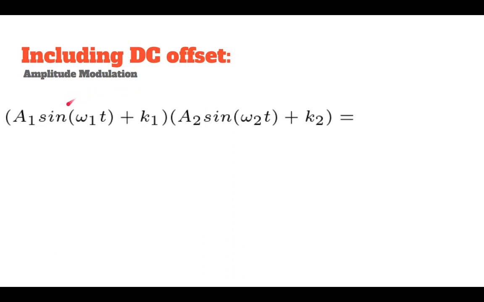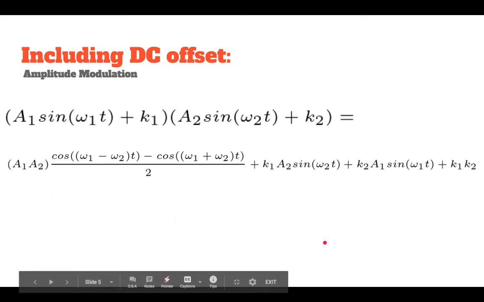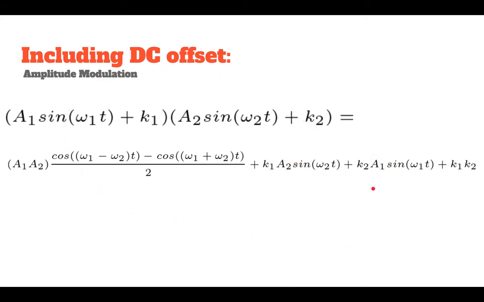So I'm still going to have this sine times sine, which is going to blow up into that difference and sum term due to the trig identity, but I'm also going to have a k1 times the sine omega 2 term, and a k2 times the sine omega 1 term, and I'm also going to have a k1 times k2. So factored out, that all looks like this, and so this is a lot.